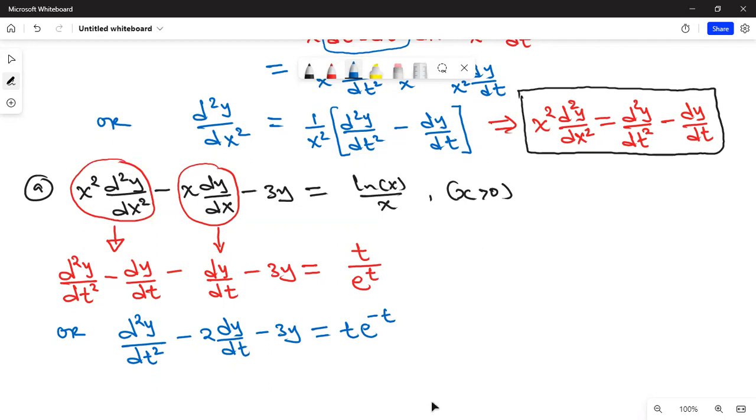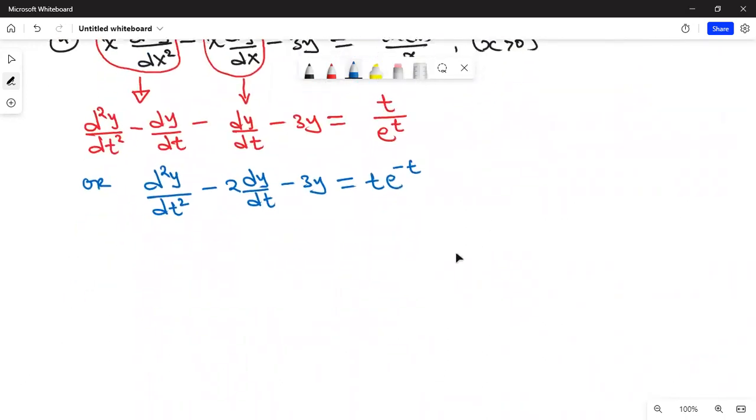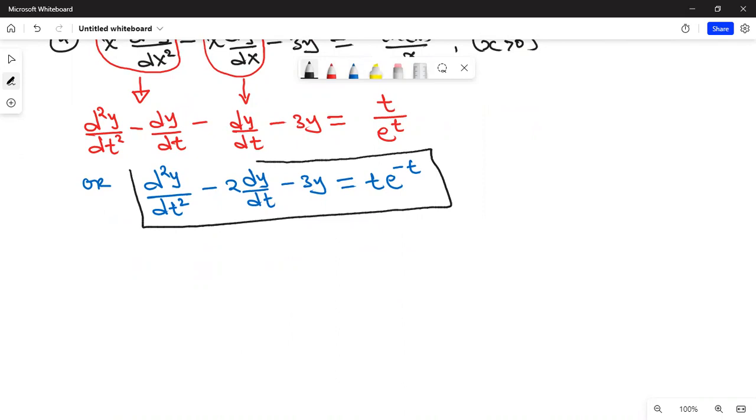Now you see it is a linear ODE with constant coefficients. Now we need to solve it. We have transformed the given ODE in part A to a linear ODE with constant coefficients.